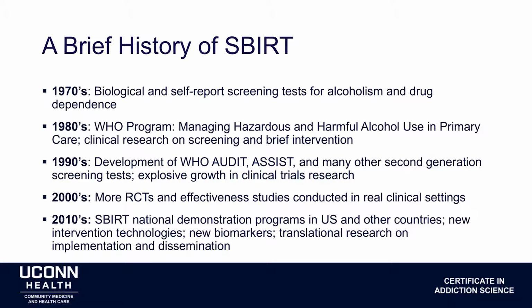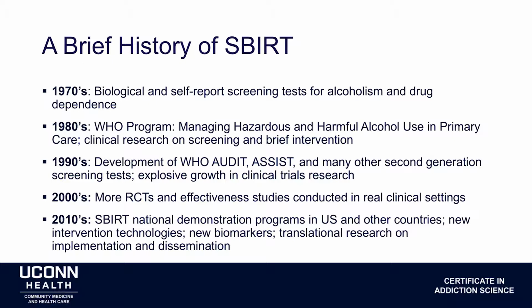And they developed the concepts of hazardous and harmful drinking, which you should be familiar with, and began to do clinical research on screening tests and brief intervention techniques. Out of this came the development of the Alcohol Use Disorders Identification Test and the ASSIST screening test, which you will read about in your assignments for this week.